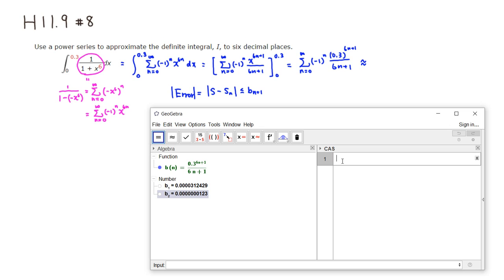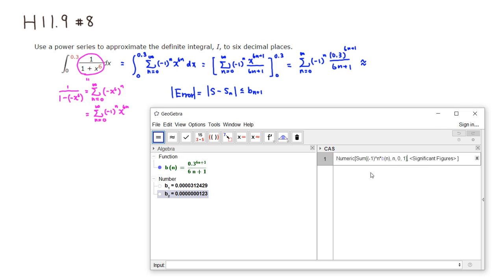So we're going to say numeric, which just turns it into a decimal number. The expression is going to be a sum: negative 1 to the n multiplied by b of n, the variable is n, starting from 0 and ending at 1.